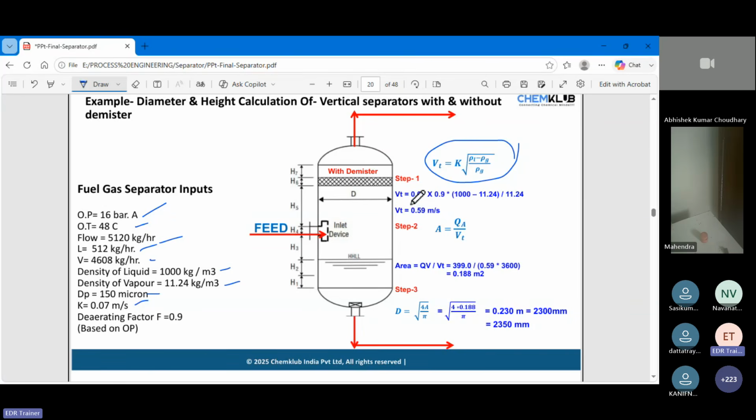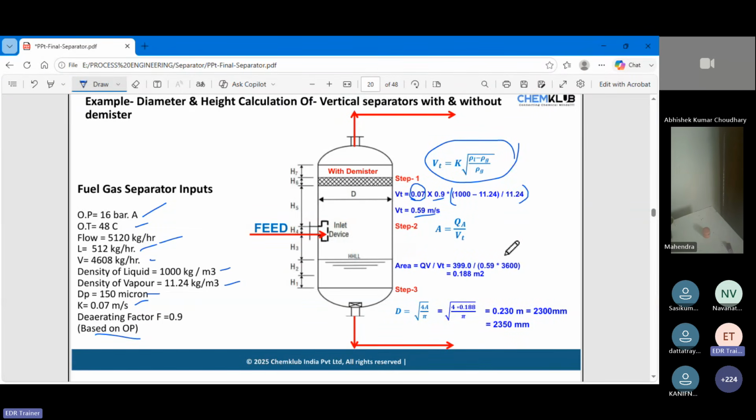We have selected the K value 0.07 times 0.9, which is the deaerating factor based on operating pressure, times the square root of (1000 minus 11.24) divided by 11.24. Calculating the square root of the whole thing, you will get 0.59 meter per second.